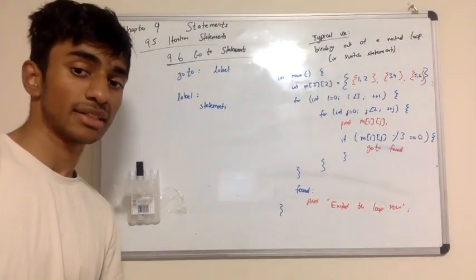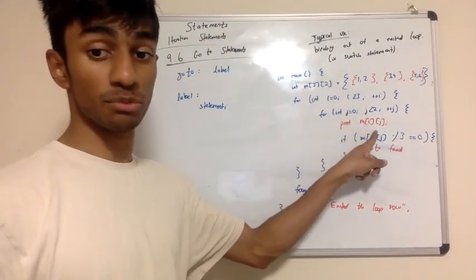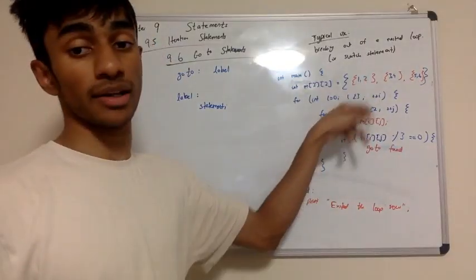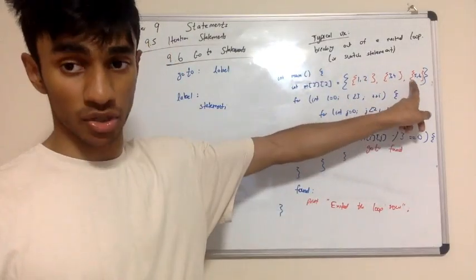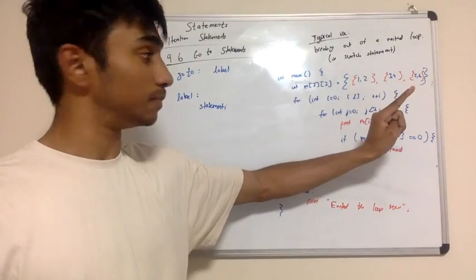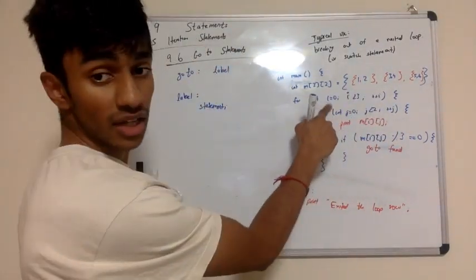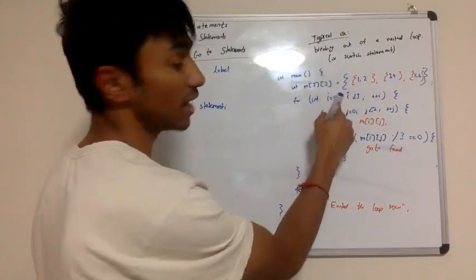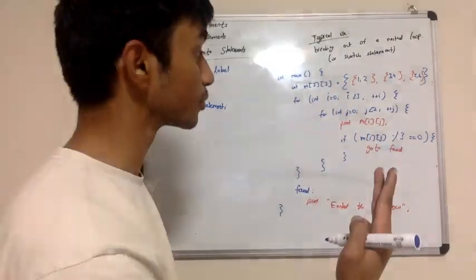First of all, remember that if we put m of 0, like for i, if we put m of 0, that means we're talking about the first child array. If we put m of 1, we're talking about this child array. And if we put m of 2, we're talking about the final child array, right? That's why, in terms of my i values, i starts at 0, and i always stays less than 3, because I want the values 0, 1, and 2, all of which are less than 3.